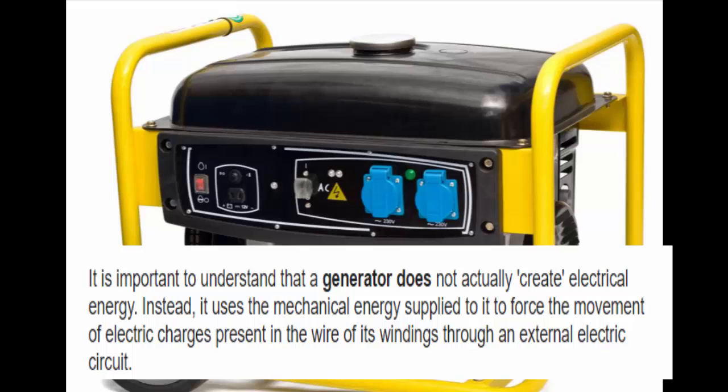So already this is telling you that energy already exists and it's going to force the movement of an electric charge. A generator pulls in energy and sends out energy. It doesn't create it, and it's basically proving that energy and matter are separate, because we are moving energy through matter.